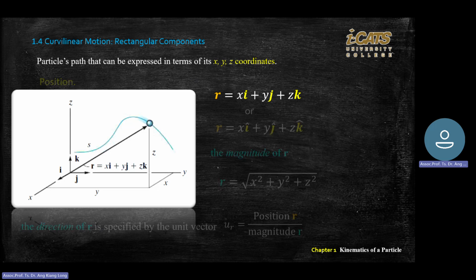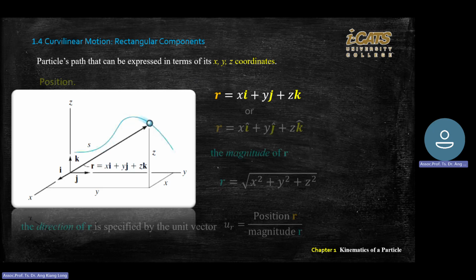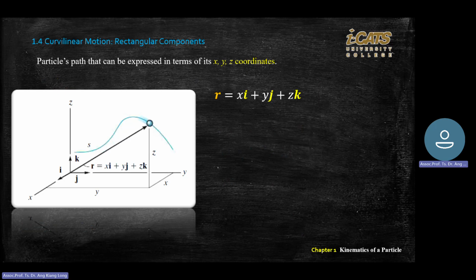This is revision for vector. Okay, just now was position, and now we go for velocity. Velocity is what? You change the position, right? The rate of change of position. Again, just to recap, position is always 90 degrees from the center, the R component.